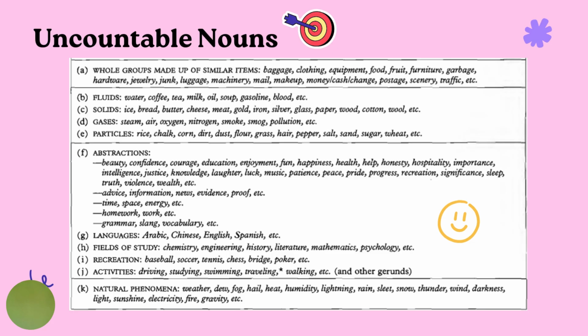So here are the uncountable nouns that you need to recognize, you need to just memorize them. But if you can grasp the meaning of uncountable, which means you cannot count them, then it will be helpful for you to differentiate between countable and uncountable nouns. So for example, sugar means gula, right?